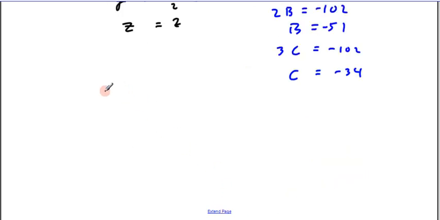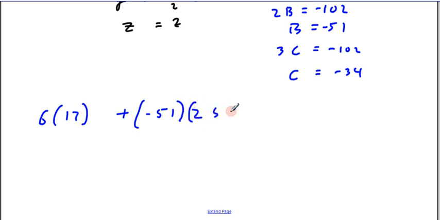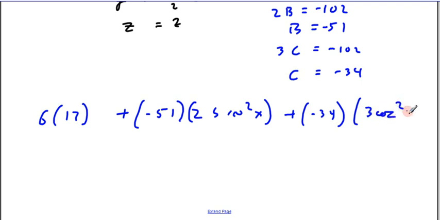And other than magic, we end up with 6 times 17 plus minus 51, 2 sine squared x plus a minus 34, 3 cosine squared x becomes 0, and we see that on the real interval, this guy is not linearly independent because I found a point where he wasn't. Now it's just a matter of how much did I cheat to do that.